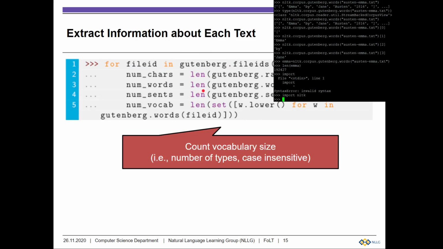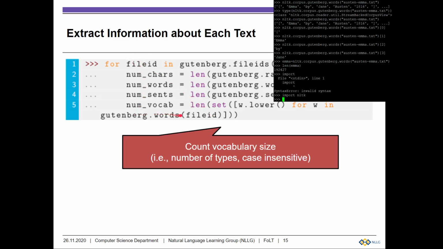So that's iterating over all the individual texts in the corpus. And then here we can count the number of characters in each text, the number of words, the number of sentences, and we can also count the vocabulary size. How do we do this? We go over all the words in each specific file.